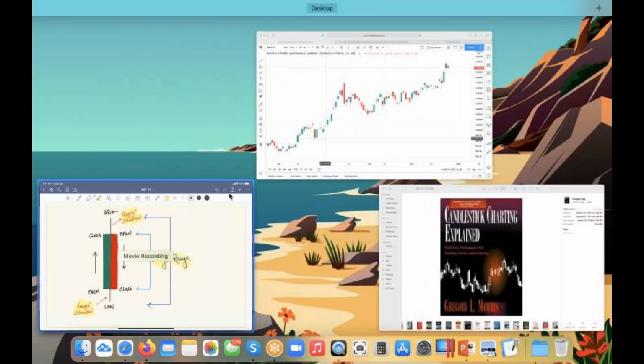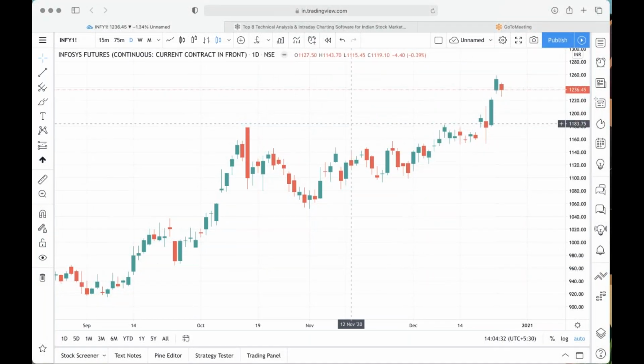Now, keeping these things in mind, we see these variations, and each and every candlestick on this chart is telling us something, is giving us some information. Yes, it is. The last candlestick, which looks like this on Infosys, is telling us something.